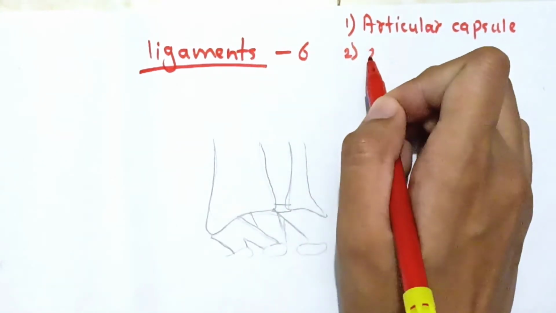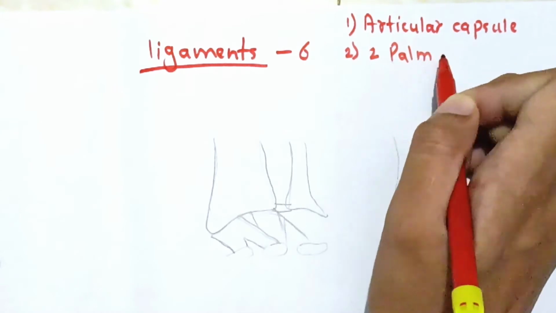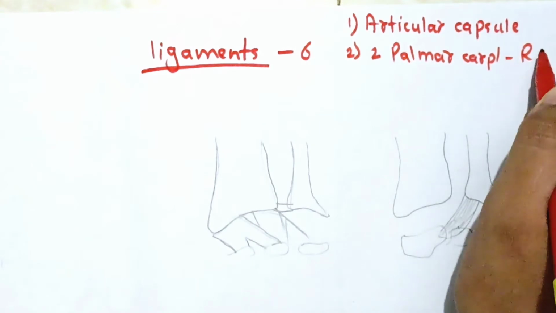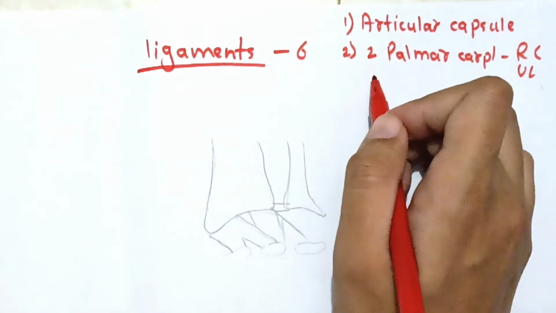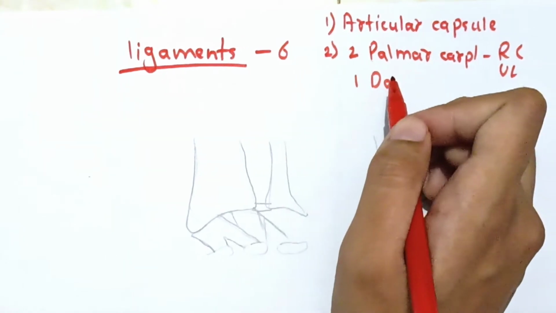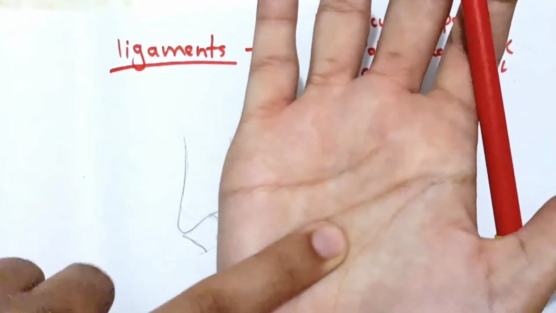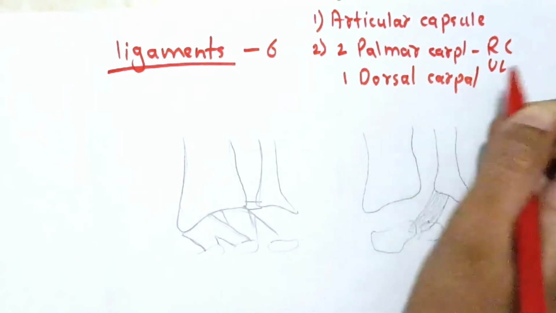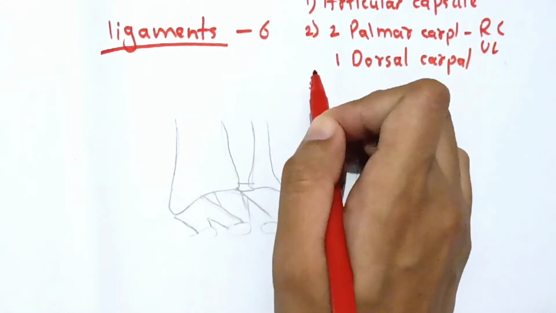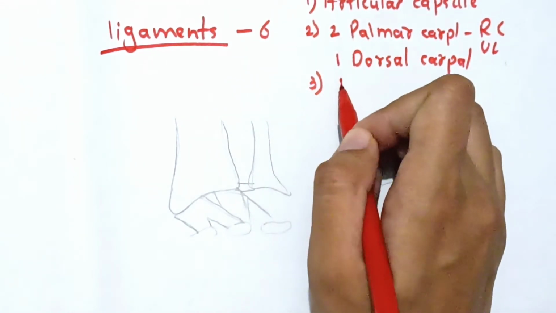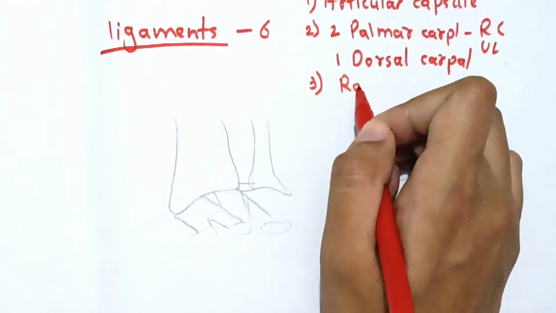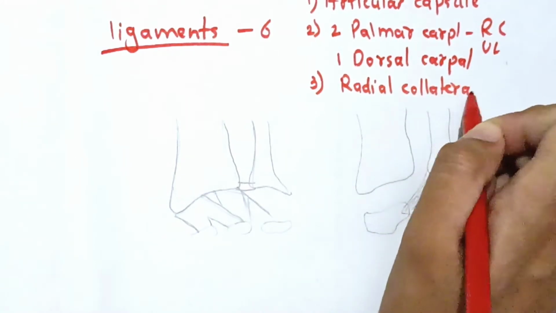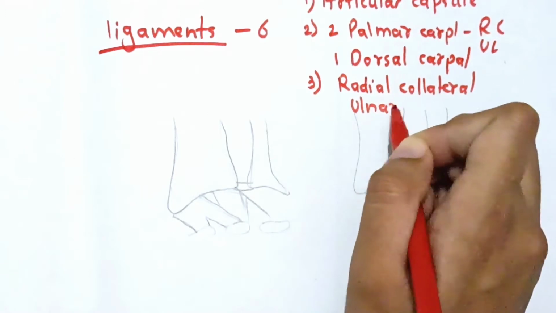Next we have 2 palmar carpal ligaments, radiocarpal and ulnocarpal, and then 1 dorsal carpal ligament, one on the posterior side and 2 on the anterior side. Then we have radial collateral and ulnar collateral.